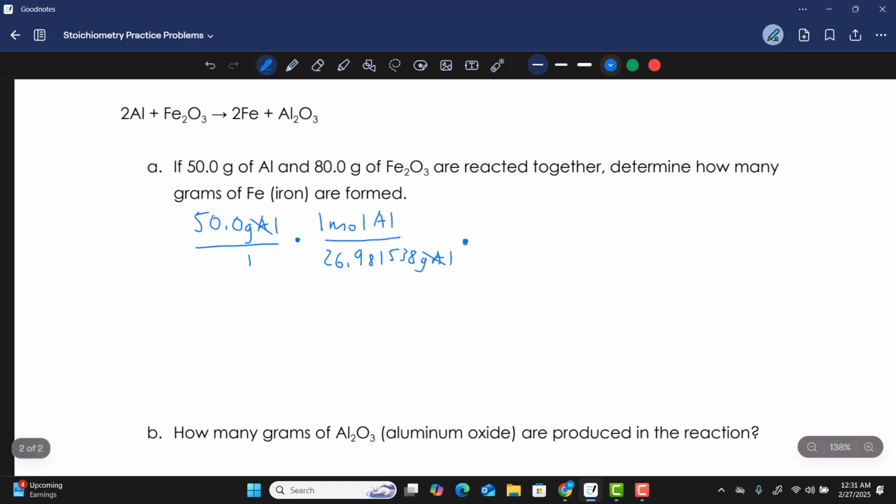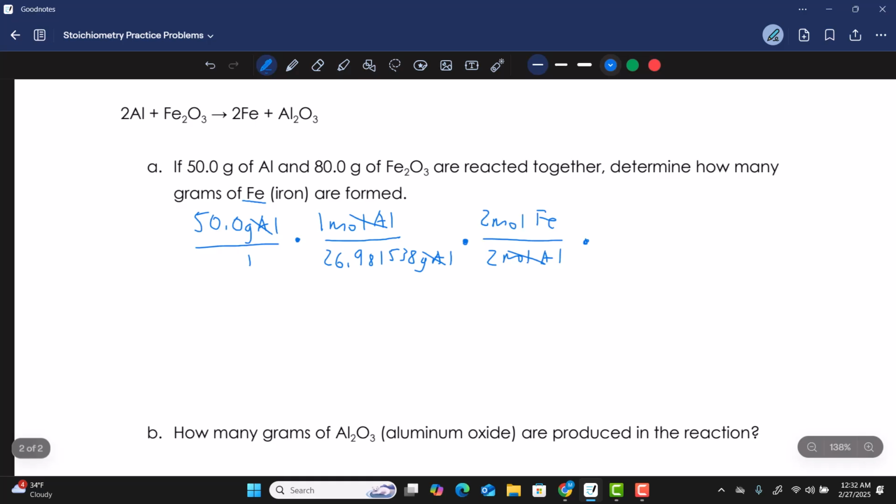And then we would multiply by the mole ratio. We want to find grams of Fe, so we would have moles of Fe on the top. We have 2 moles of Fe, so it would be 2 moles Fe over the moles of aluminum, which is also 2. So we have 2 moles of aluminum on the bottom so that they can cancel out, one on the top and the other on the bottom.